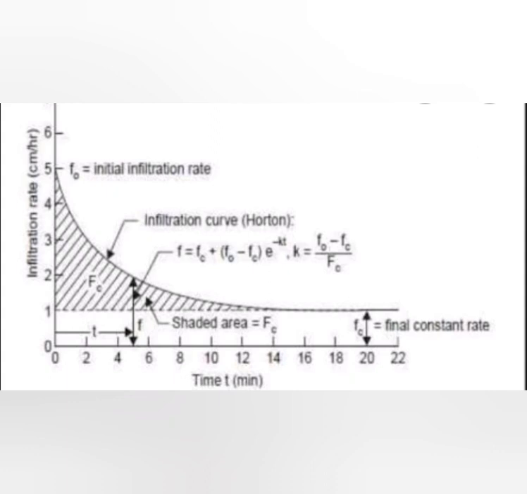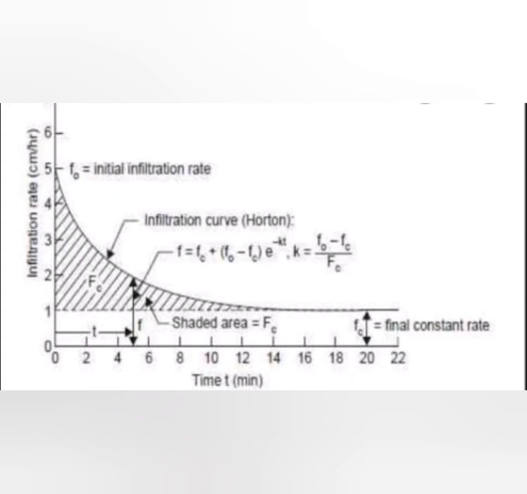Initial infiltration is given by F0. Then we have an equation which states that F = Fc + (F0 - Fc) e^(-kt), where F is the infiltration rate at any time t, and Fc is the final constant rate.